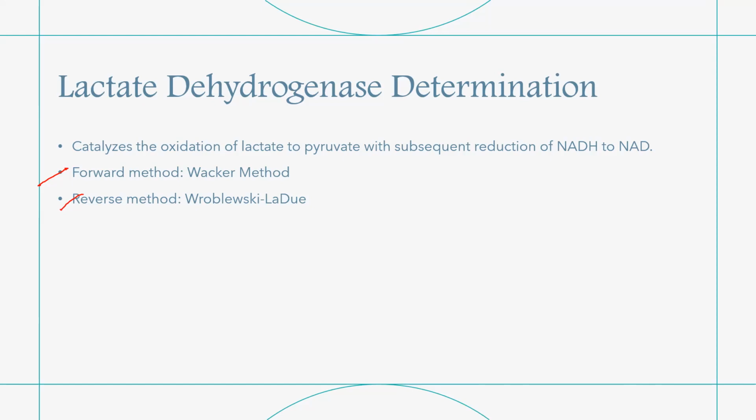So what is the difference between the two? Once we say forward method, it is known to be your Wacker method. And once we say reverse, it is known to be your Wroblewski method.